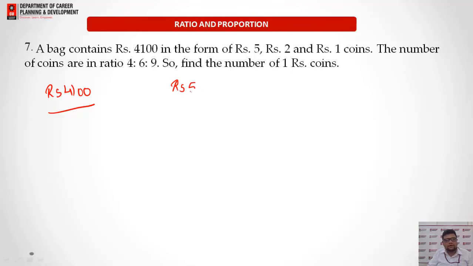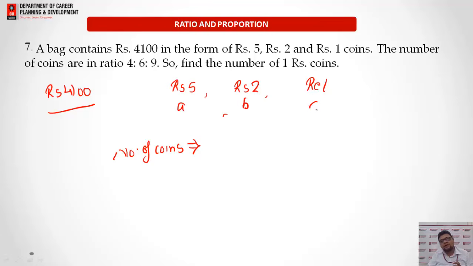First is rupees 5 coins, secondly rupees 2 coins, thirdly rupee 1 coins. The ratio of the number of coins is given to us. I am taking rupees 5 as A, rupees 2 as B and rupees 1 as C. So A is to B is to C, this is the ratio of the number of coins, that is 4 is to 6 is to 9.